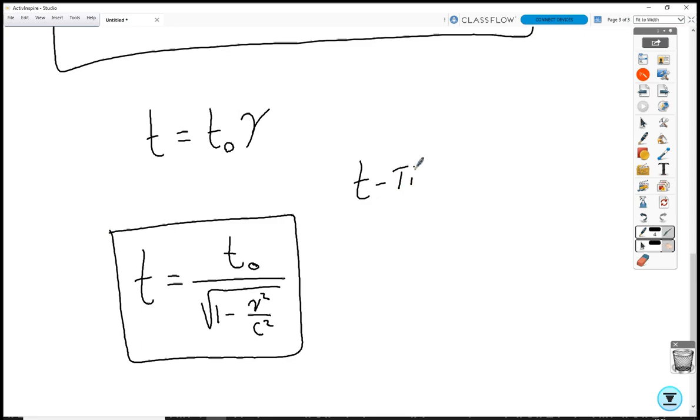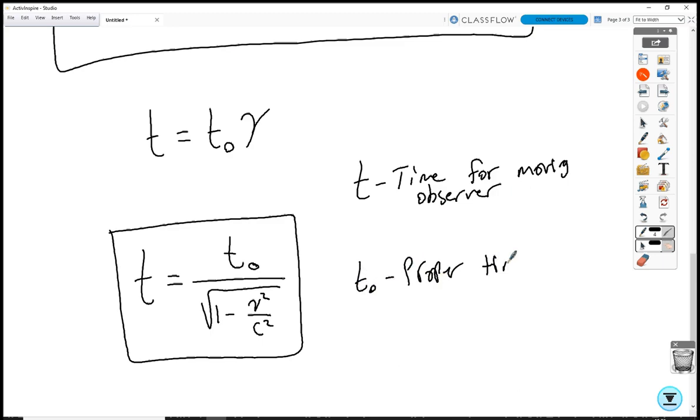So t is the time for the moving observer, and t naught is the proper time in the inertial frame.